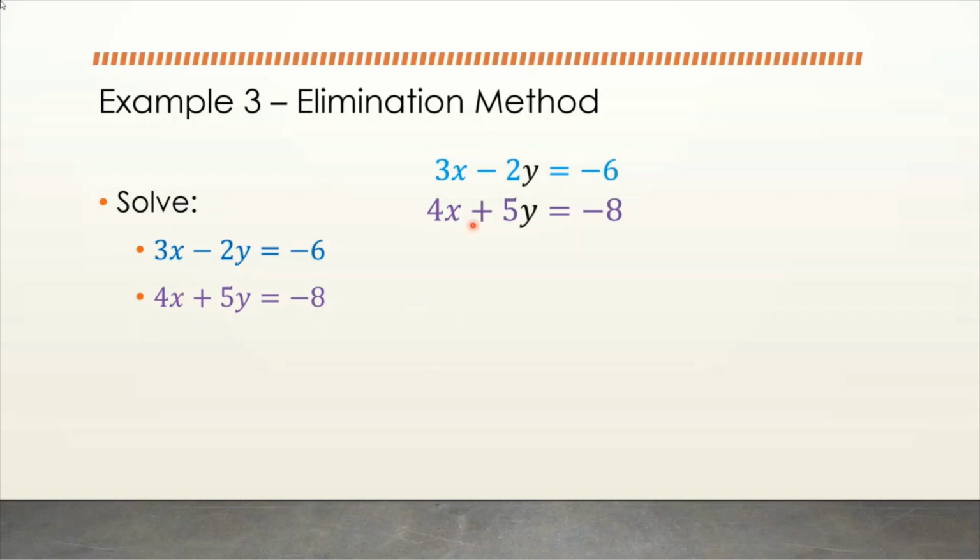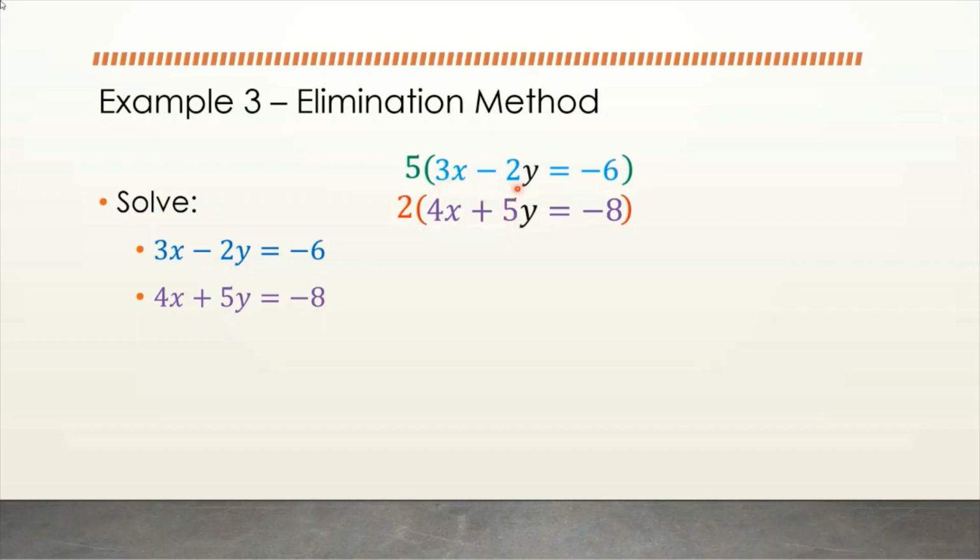Now you want to decide what to eliminate. Let's eliminate the y's here. That means I am multiplying the top equation by 5 and the bottom by 2. The reason I'm doing that is so I can get them to be opposites of one another. I can make this a negative 10 and this a positive 10.